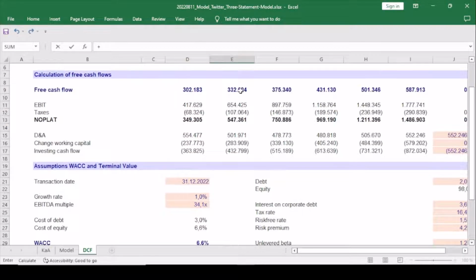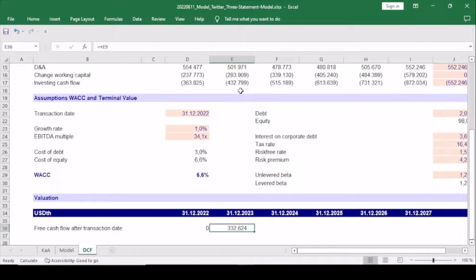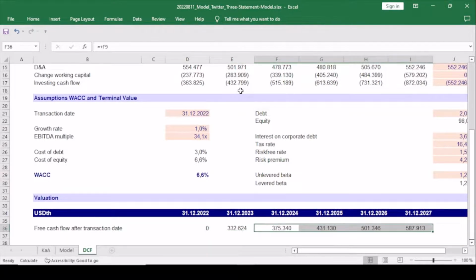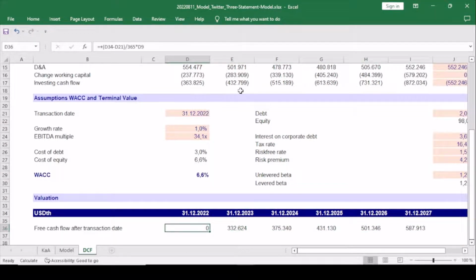So the other cash flows simply link to the above figure.